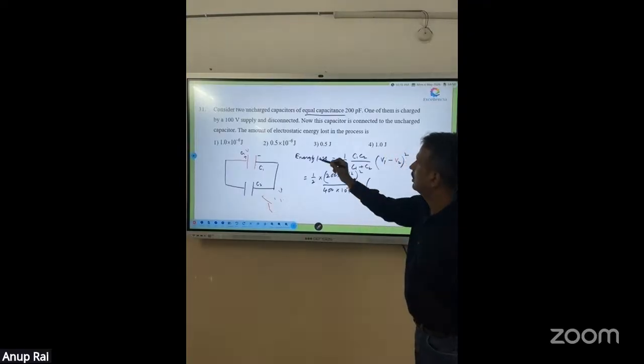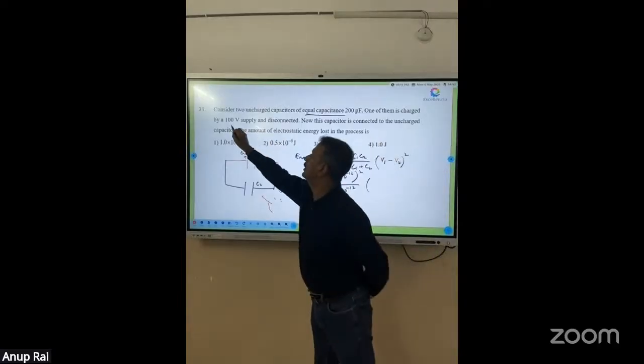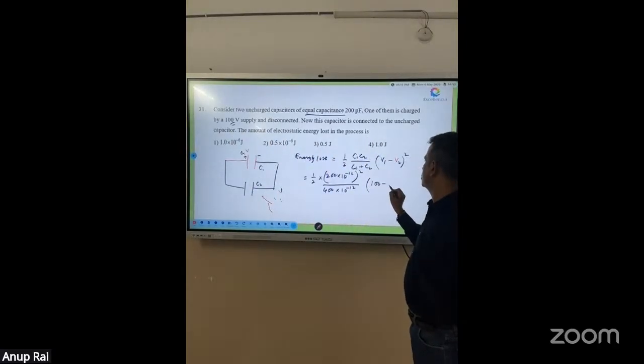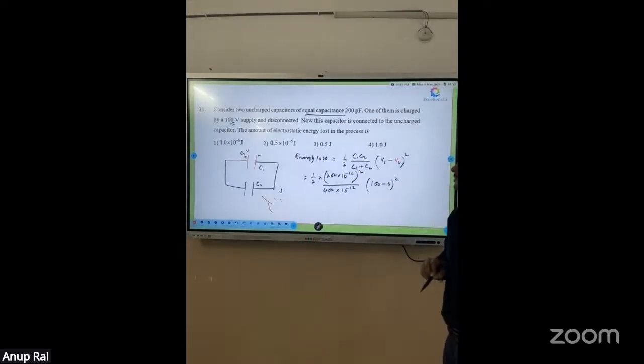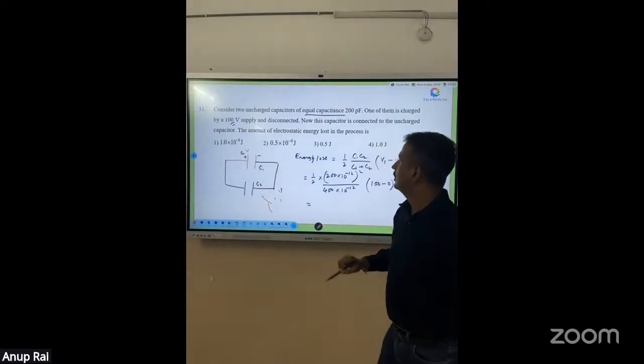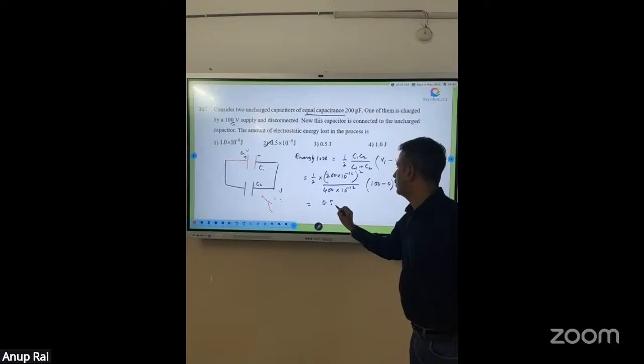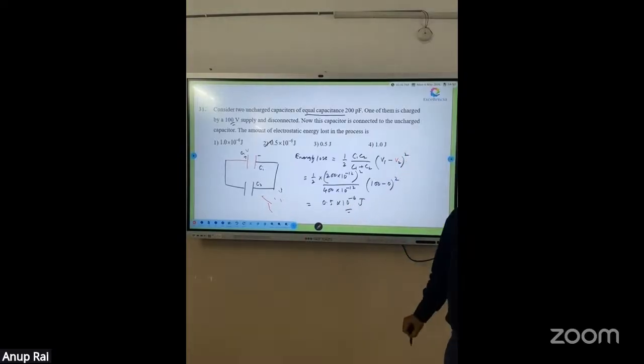And into the potential difference: initially V1 was 100 volt and it is connected to V2, which is 0. So 100 minus 0. If you solve and simplify it, it will come to 0.5 microjoule, 0.5 into 10 power minus 6 joule. So this is the answer.